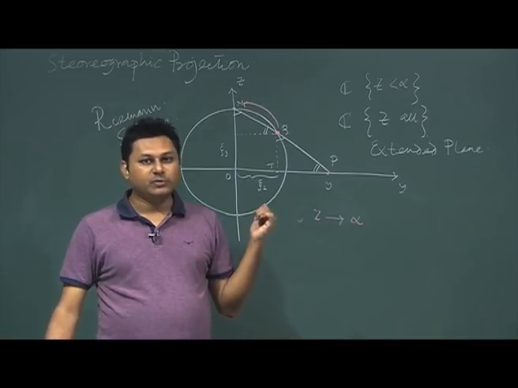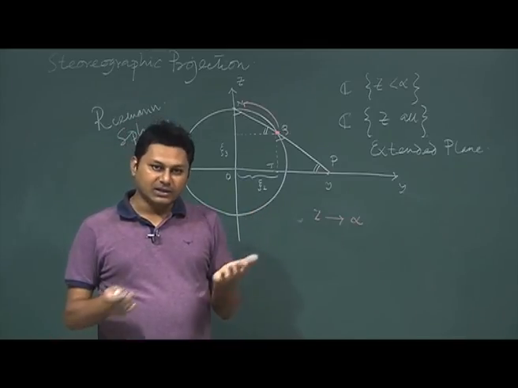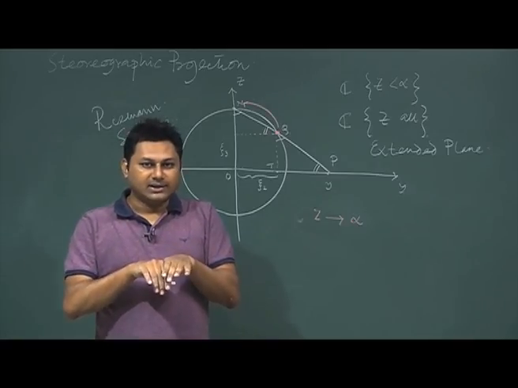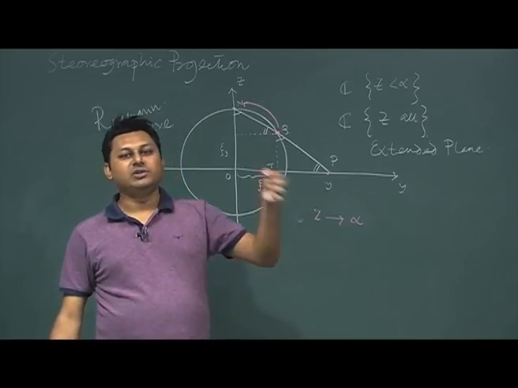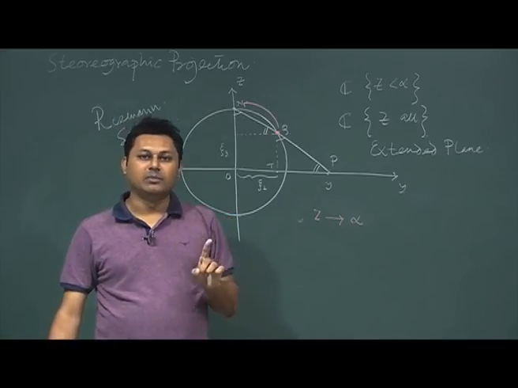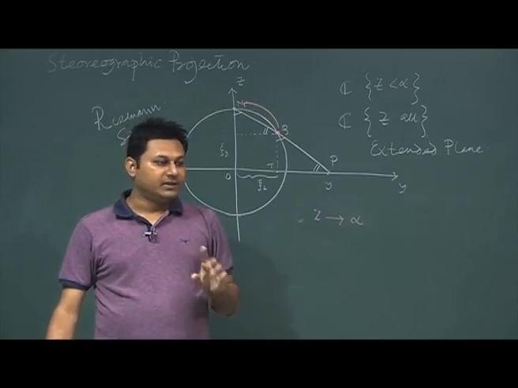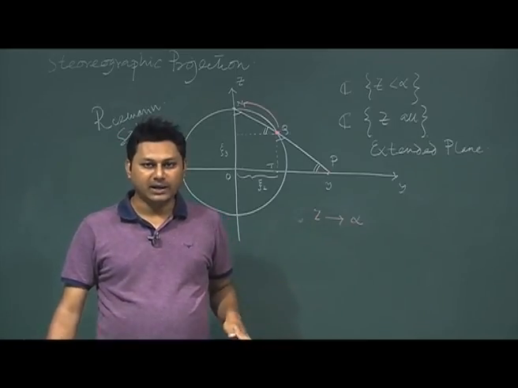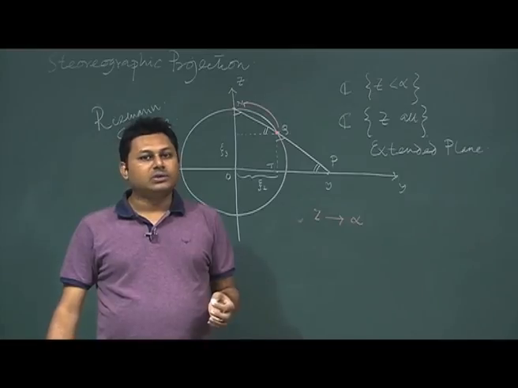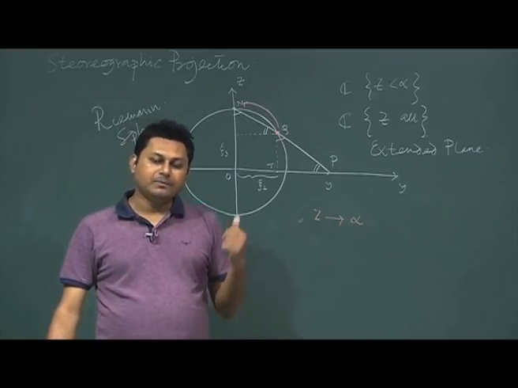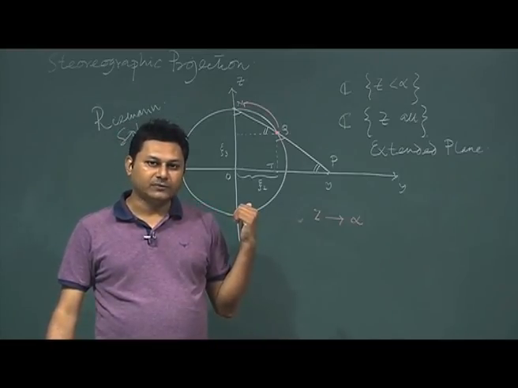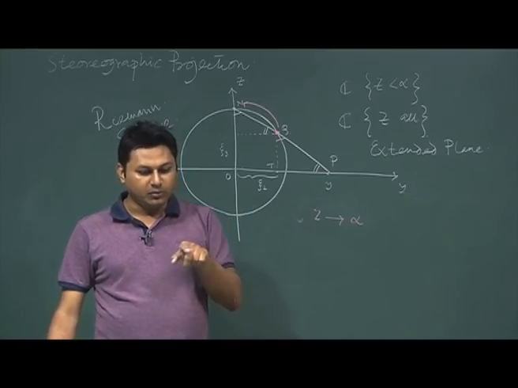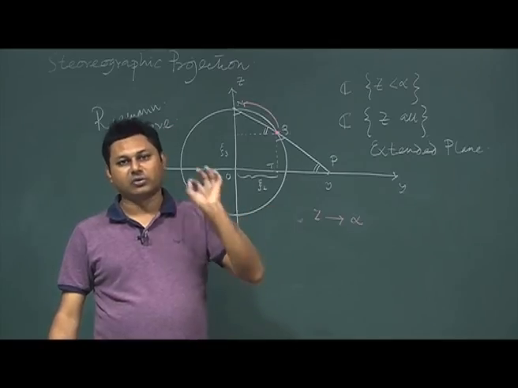But the stereographic projection gives you the idea that you can fold this complex plane in such a way, which we call the Riemann sphere, that if I go to infinity, eventually I am going to the north pole, that means a single point. So in order to diminish this idea of going to infinity in infinite ways, I put the idea of stereographic projection, so that when the point goes to infinity, eventually it goes to the north pole.